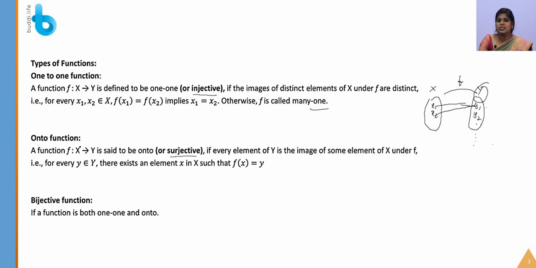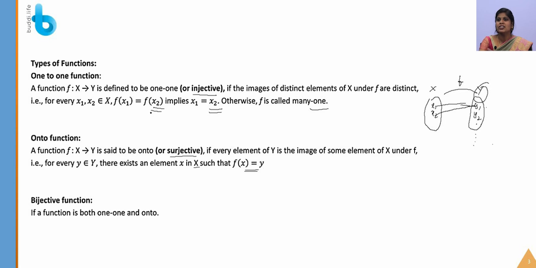See here this definition: for every y belonging to the codomain Y, there exists an element x in the domain X such that f(x) equal to y. We will use this definition repeatedly in solving problems.